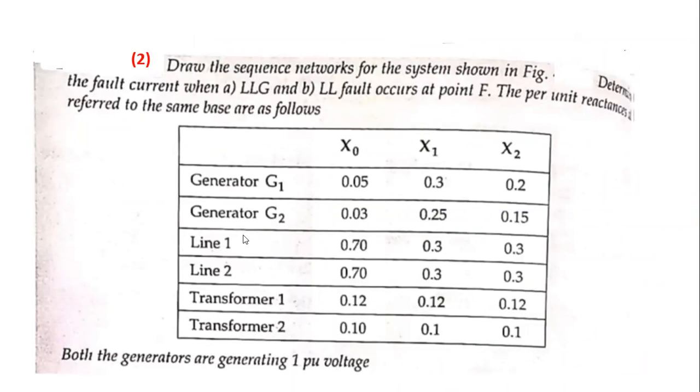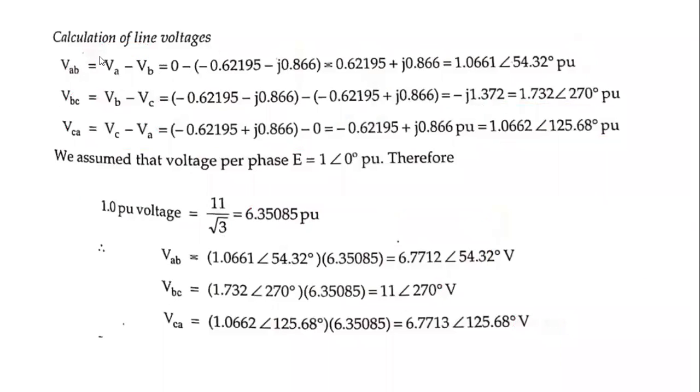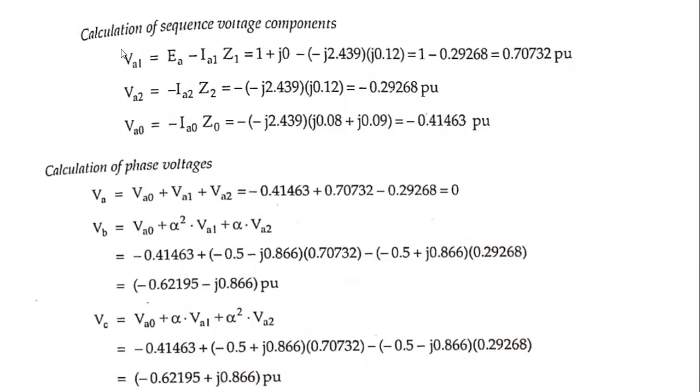Next, coming to the second problem. This is the first problem, the formulas for line voltages and sequence voltages, that is VA1, VA2 and VA0. Then we calculate the phase voltages, that is VA, VB and VC.